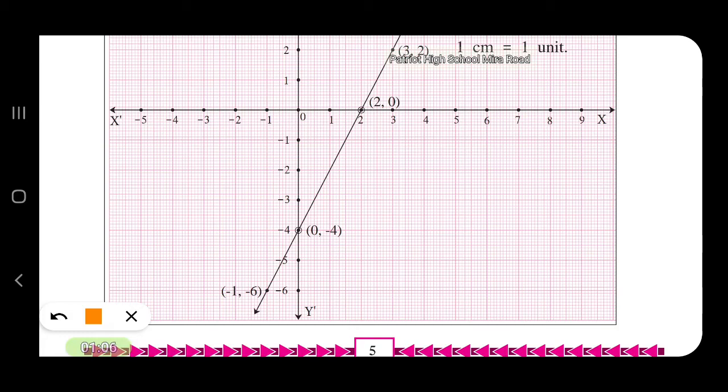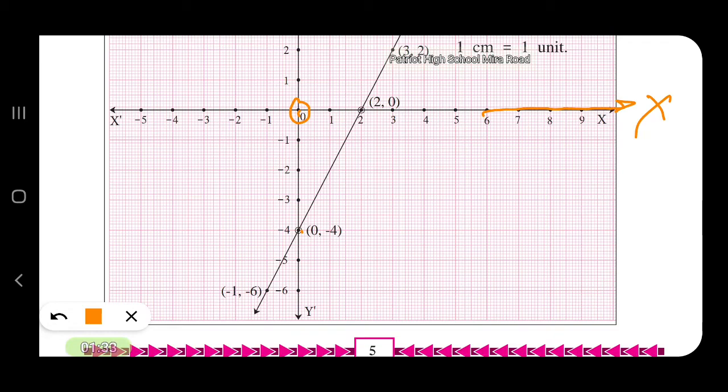So on the x-axis, this is the x-axis, we have a 0 on the x-axis. So we have not advanced. If it was 1, then it could have been here, but it is not. It is 0. So your 0 will be here. This is your origin, and the value of y is minus 4.